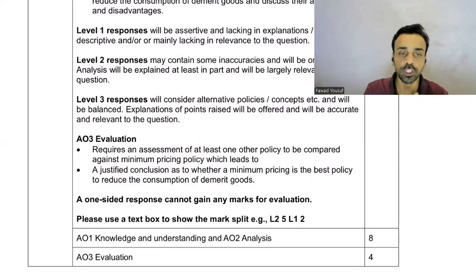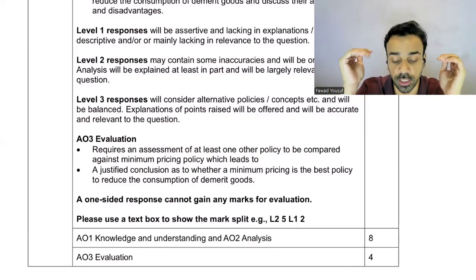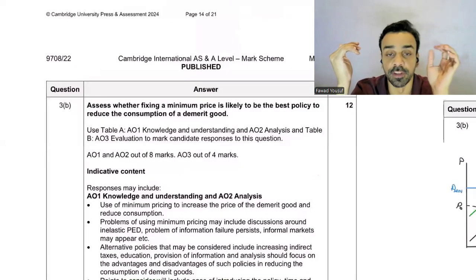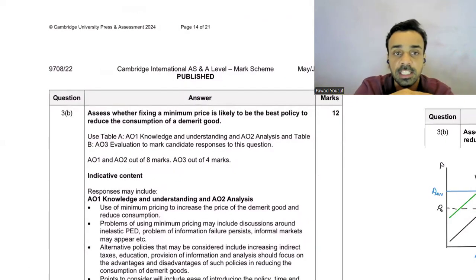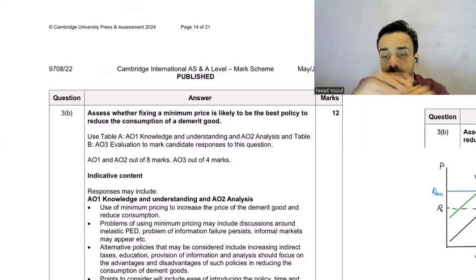Okay, most of the time what kids do is, and I've seen this very often, this is the worst way you can do your answer. And you'll be surprised कितने percentage of kids actually end up doing that. They read the question that assess whether fixing a minimum price is likely to be the best policy to reduce. Kids start off by saying minimum price is not the best policy.